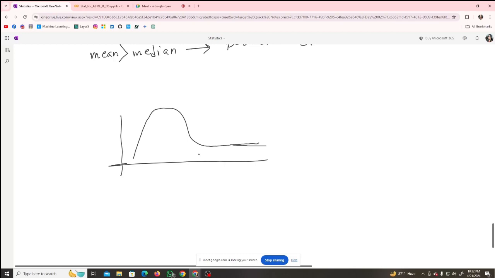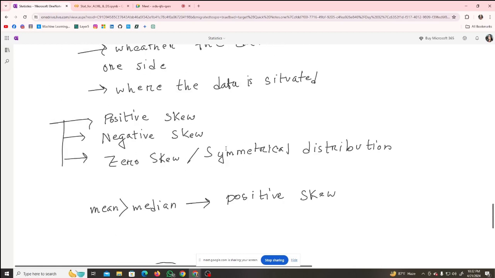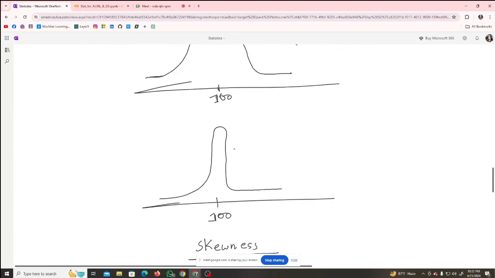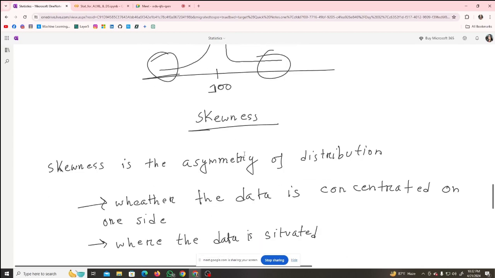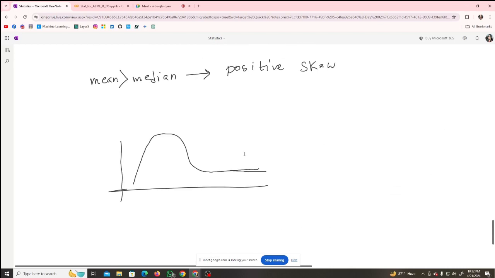And what do I mean by tail? These parts are known as tail. And what does it mean? It means that most of your outliers lie in this part.